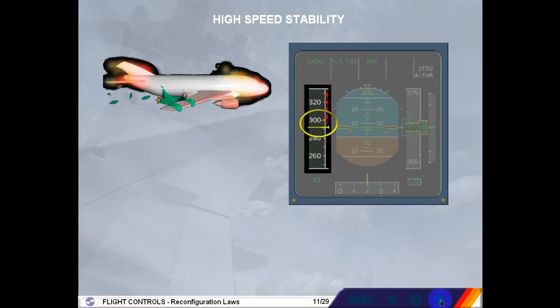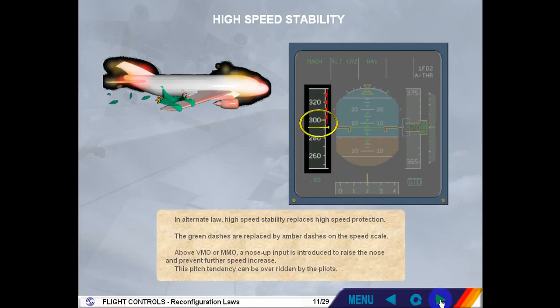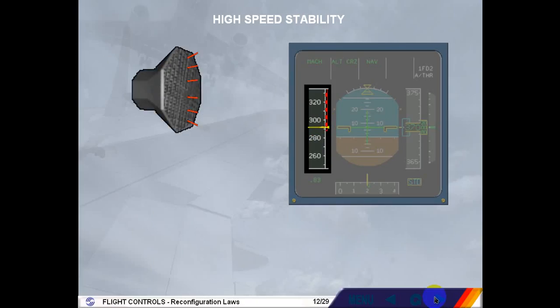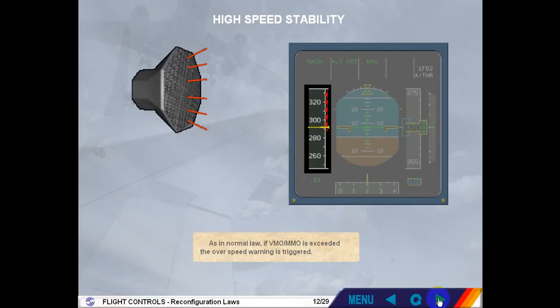This pitch tendency can be overridden by the pilots. As in normal law, if VMO-MMO is exceeded, the overspeed warning is triggered.